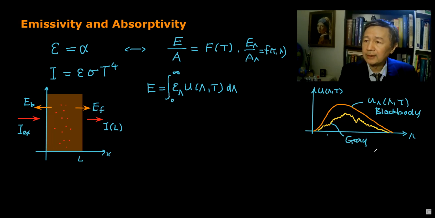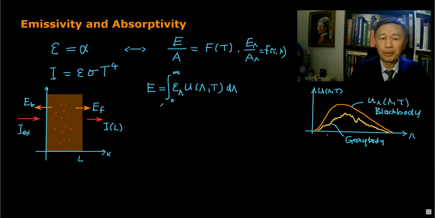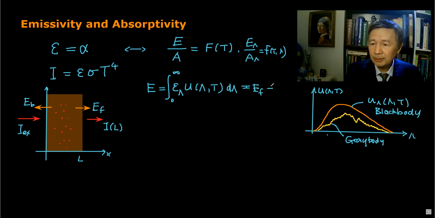Gray body means that not 100% of the energy absorbed can be re-emitted. So that is the expression for the emission, in all directions. Of course, these are equal to the sum of forward plus backward for this one-dimensional process. And how about absorption?